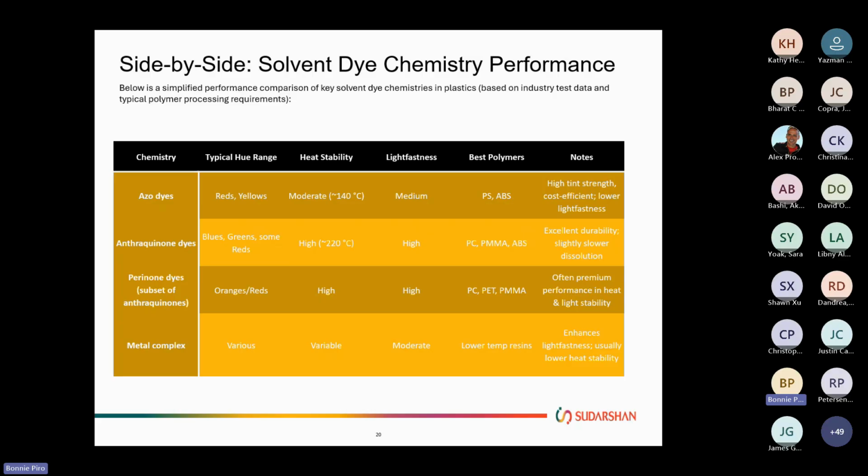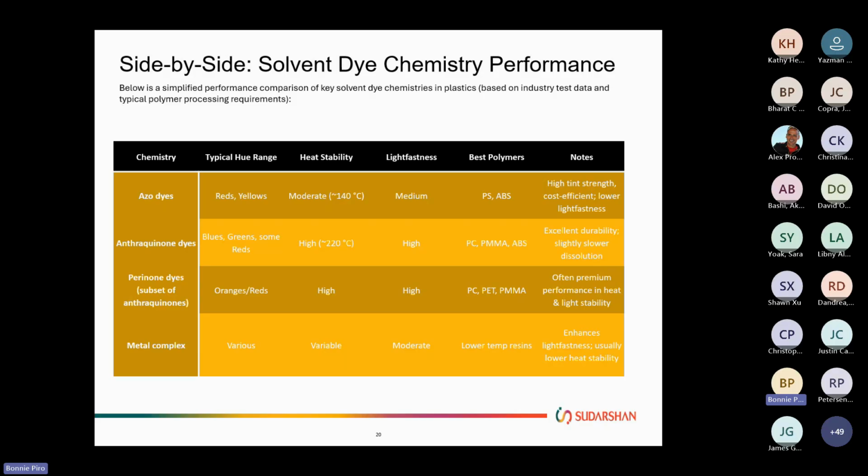Some reds fall into this category as well. We start to see a higher heat stability profile for these, as well as their light fastness and an extended polymer suitability for these as well. Paranone, these are still a subset of the anthraquinones, but these also provide a little bit better performance.